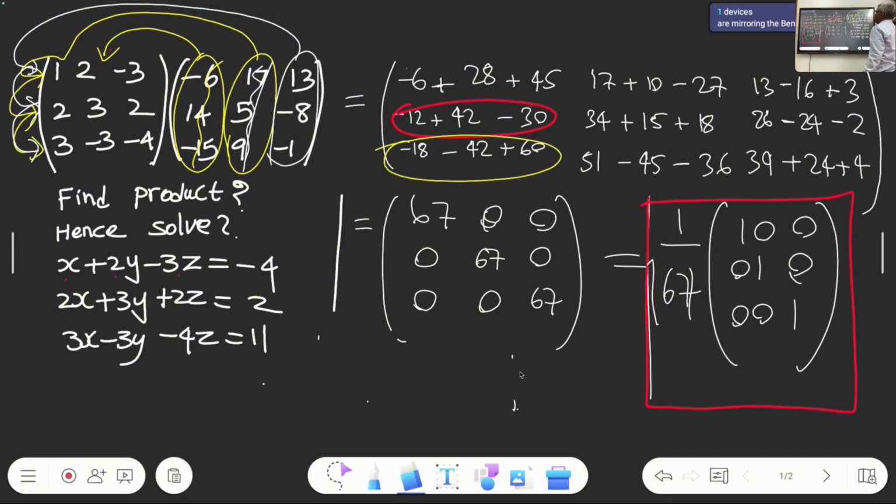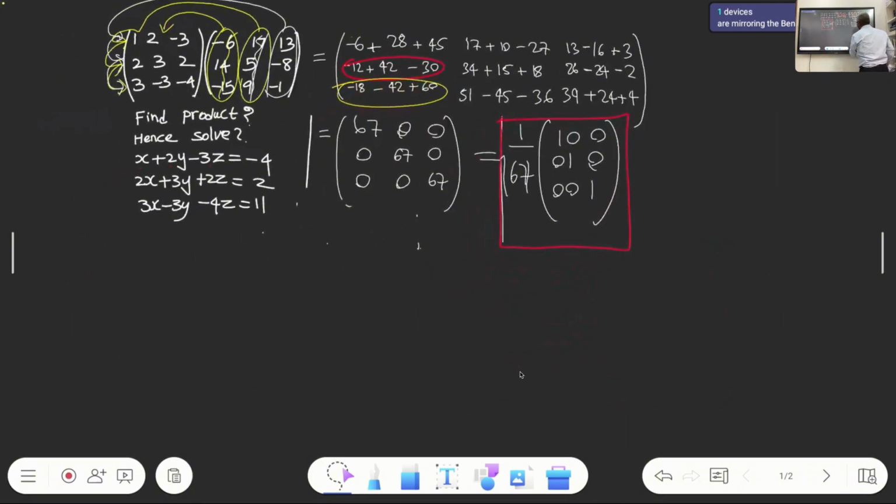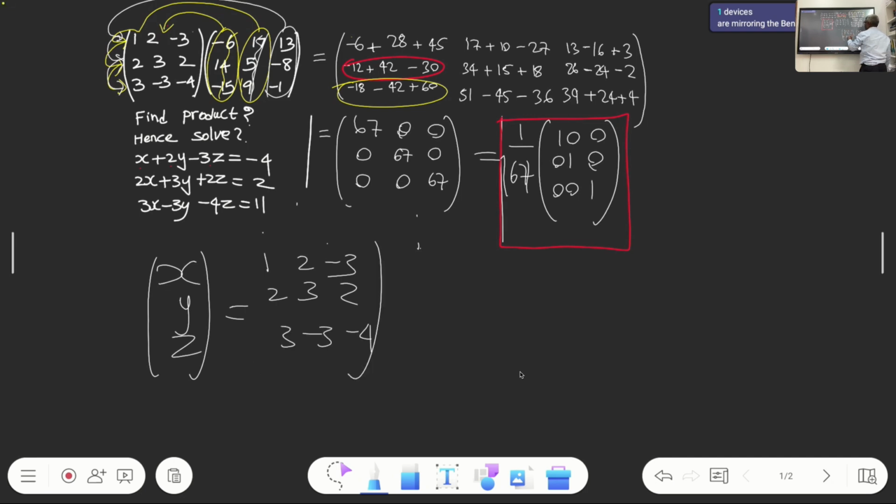Now we have to find X, Y, Z. X, Y, Z is this inverse, 1 2 minus 3, 2 3 2, 3 minus 3 minus 4, the inverse we wanted, times minus 4, 2, 11.